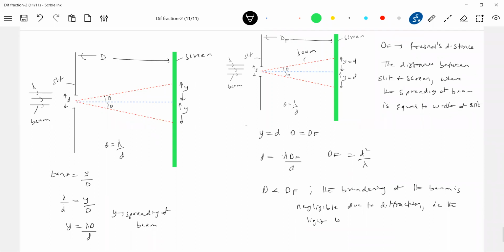That is, the light will travel along a straight line, and the concepts of ray optics will be valid. We are bothered more about ray optics because that is easier.